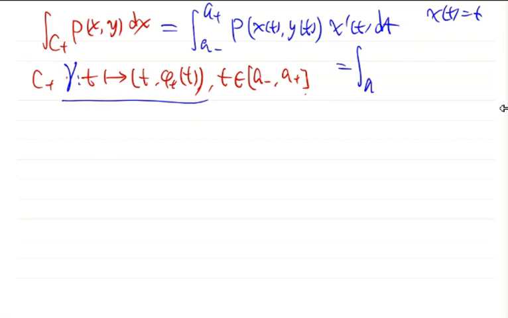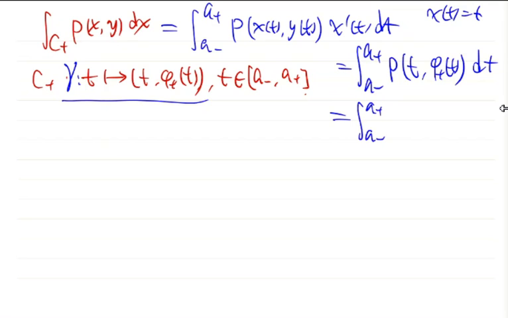So this is the integral from a minus to a plus of p(t, phi plus t) dt. So this is precisely the integral from a minus to a plus of p(x, phi plus x) dx, because this is simply using another letter to denote the integral variable. This does not affect the value of the integral.